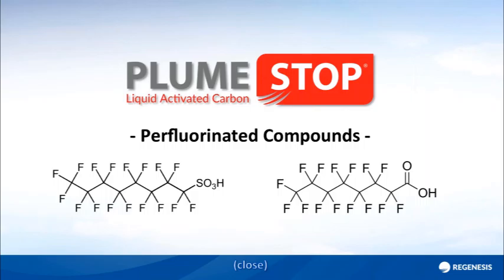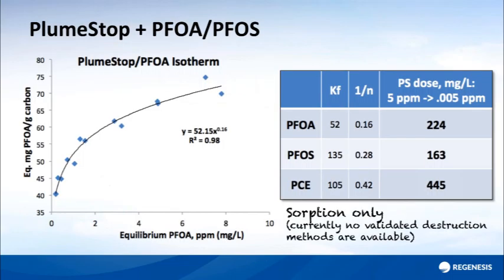This really shows a sorption isotherm of PFOA, one of the key indicator species of the perfluorinated and polyfluorinated species. This is the sorption isotherm of PFOA on to PlumeStop. PFOS is similar, actually sorbs slightly more.